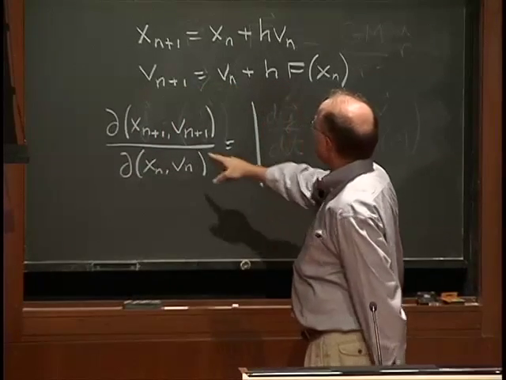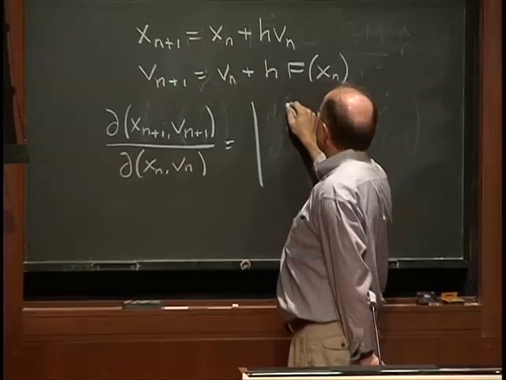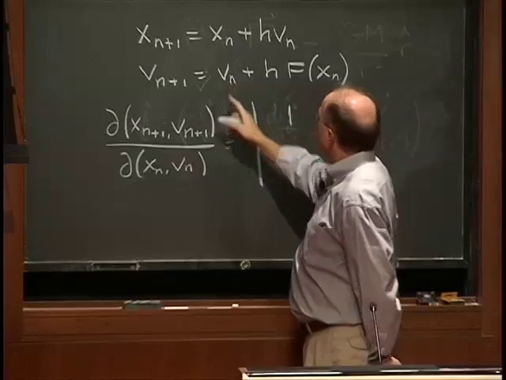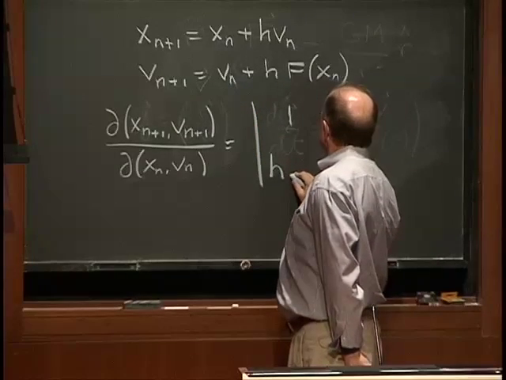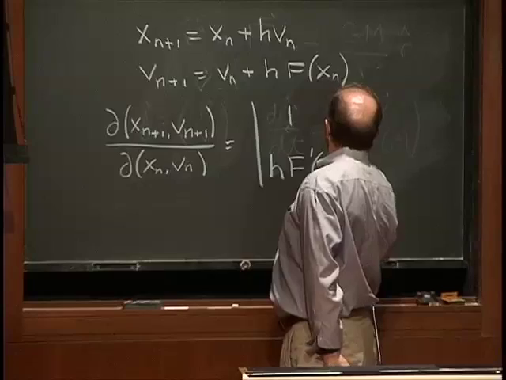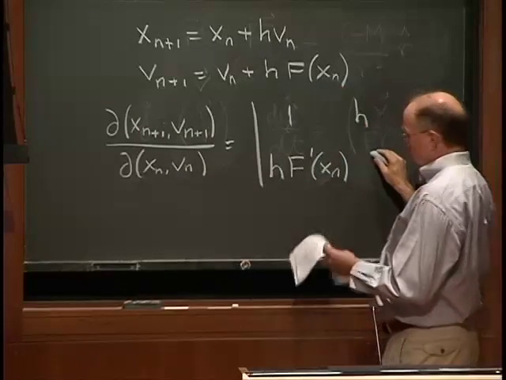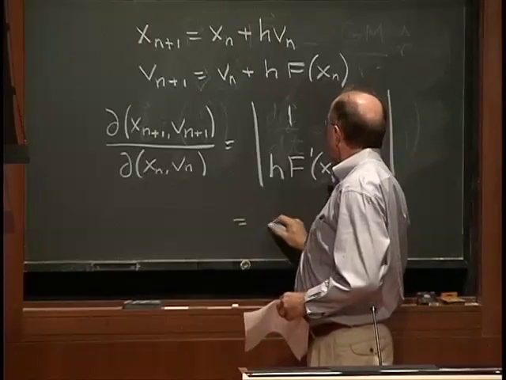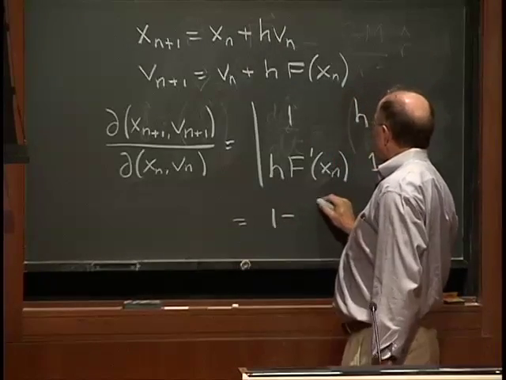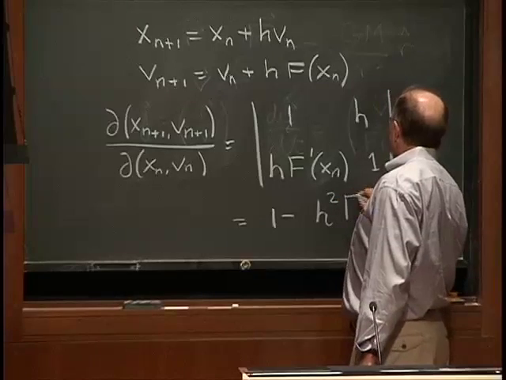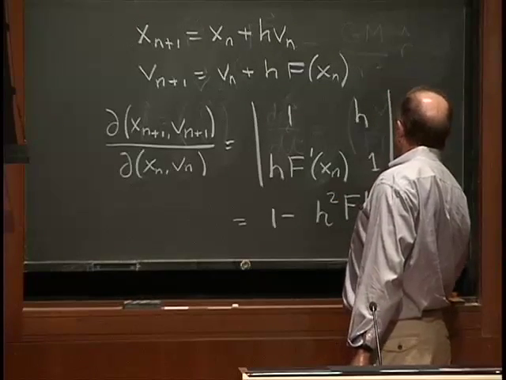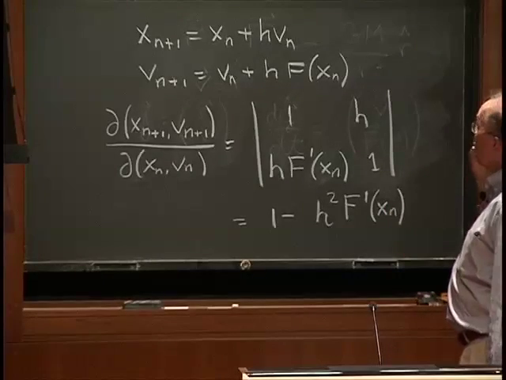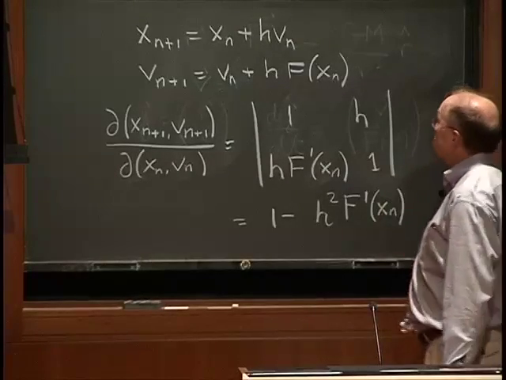Well, if you look at the determinant, xn plus 1 depends on xn as 1, depends on vn as h. Vn plus 1 depends on xn as h, f prime of xn, and it depends on vn as 1. And so the Jacobian is 1 minus h squared f prime of xn, which is not unity. So Euler's method doesn't satisfy Liouville's theorem.